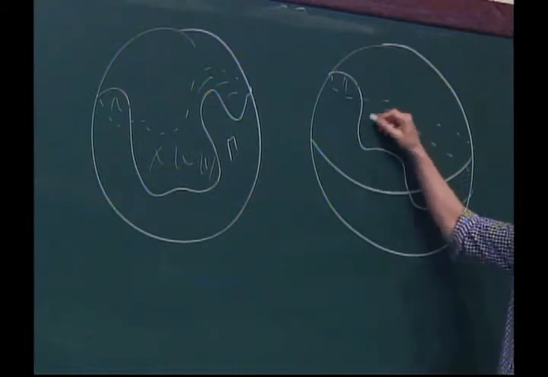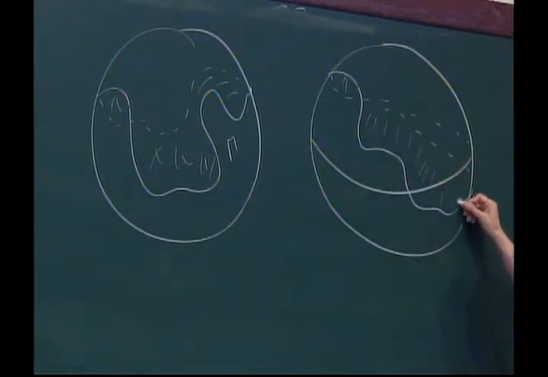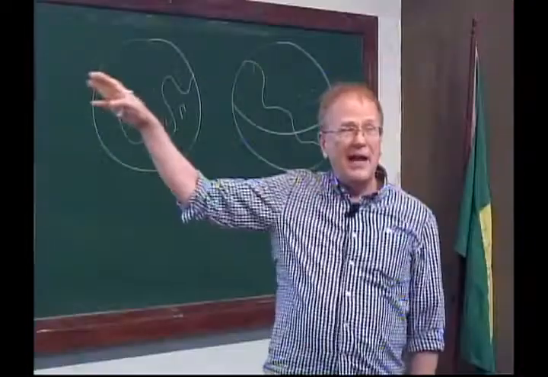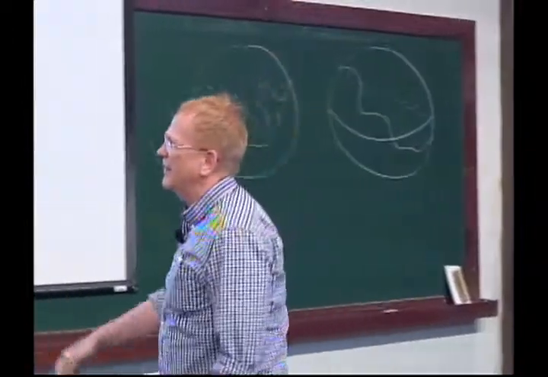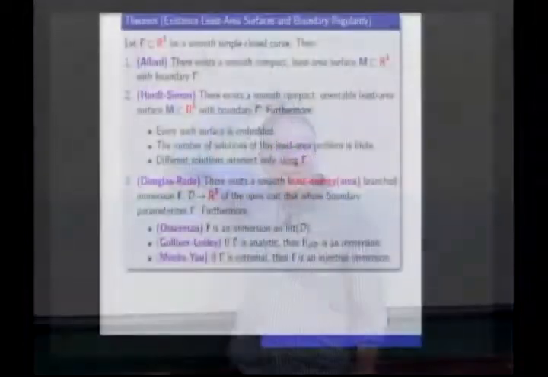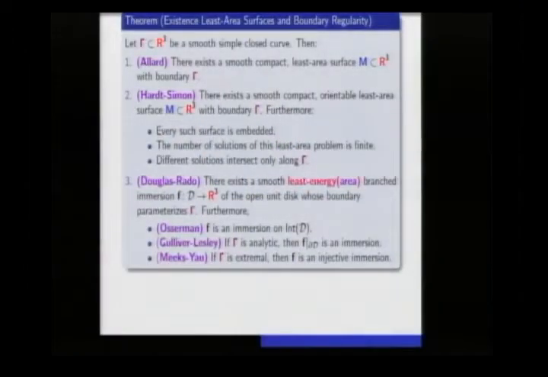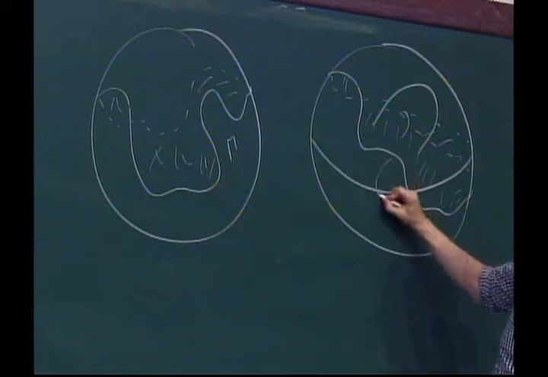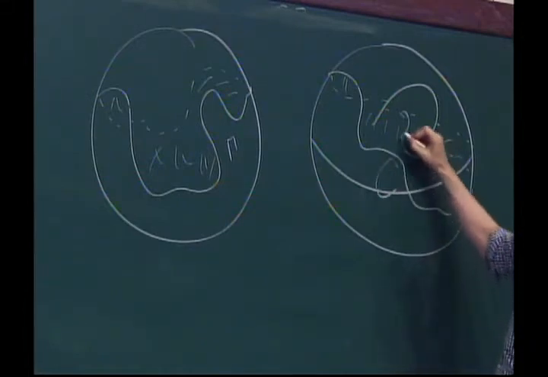And the idea, which we're going to talk about later today, is that if you don't have an embedded disk, you have a branched minimal disk. Let's even assume the curve is analytic. So I have an immersed disk that somehow maybe goes through here and intersects itself.